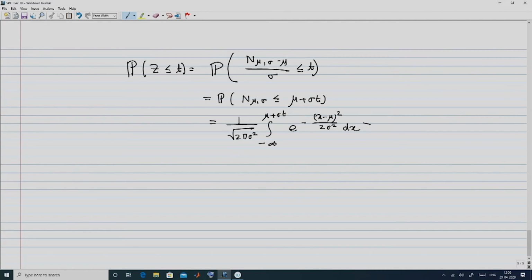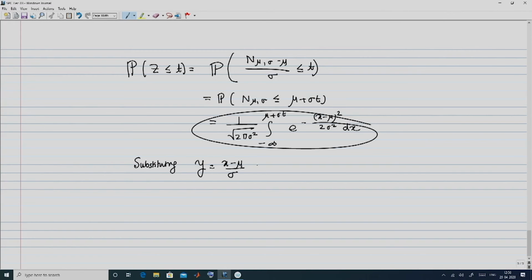So now what would you do? We have this integral, so we use the method of substitution. Substituting y is equal to x minus mu over sigma, this gives me that the probability of z being less than or equal to t is going to be 1 over square root of 2 pi integral minus infinity to t e raised to minus y square over 2 dy. So what is this?